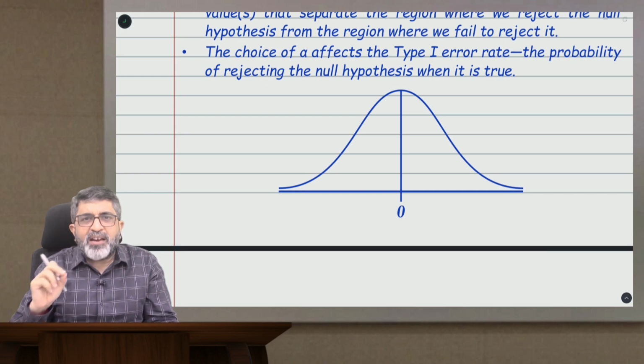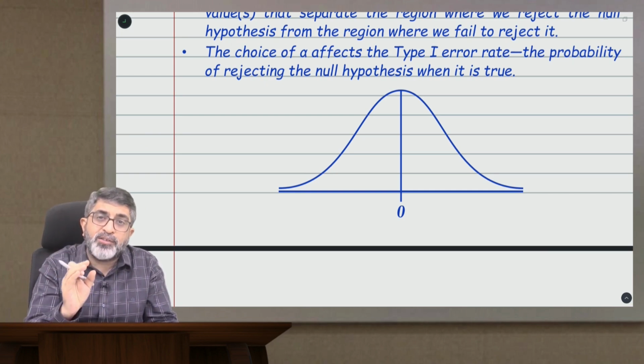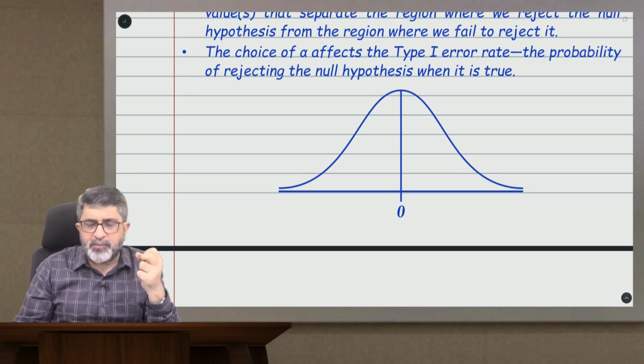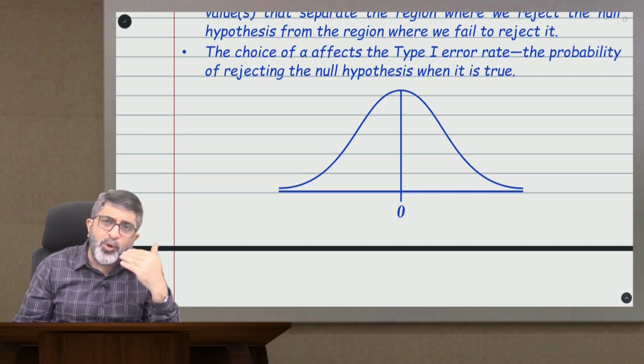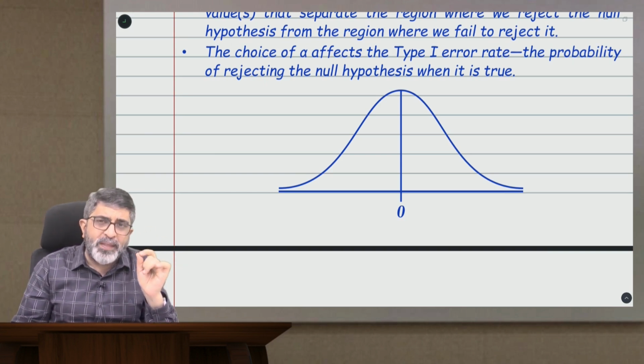So that is where the whole process of testing of hypothesis may come across errors, and errors are classified into two categories: type 1 error and type 2 error. We are going to understand both types of error in detail, but as an introductory understanding, please follow one thing.